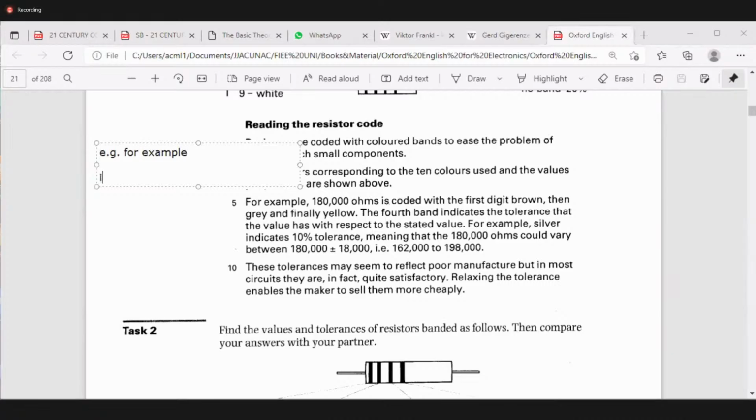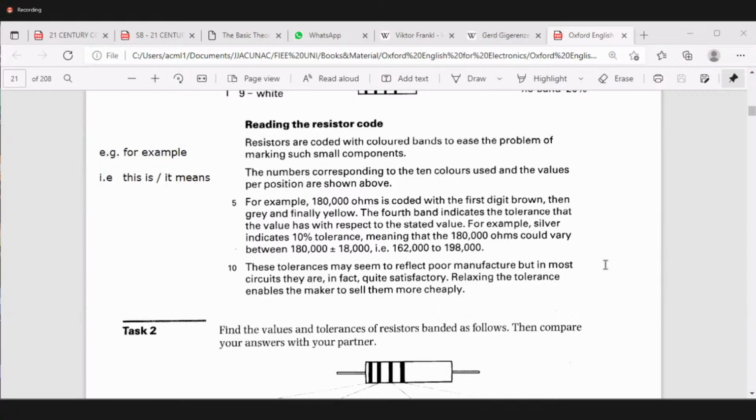And when you have i.e., it's like this is, that is. That is the interpretation. Okay. Those are the interpretations.